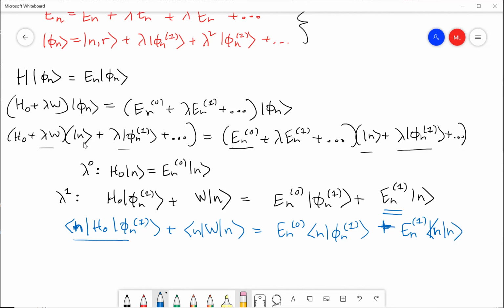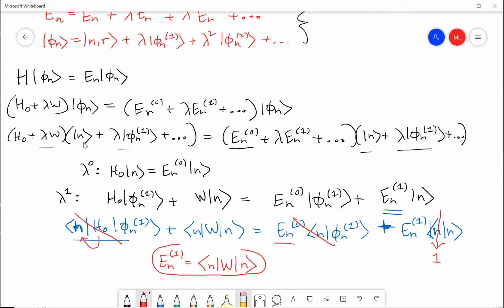What's this? Well, this H_0 can act on the left, and that'll pull out another factor of this guy. So actually this cancels that, and this just becomes 1. And so what you find is that the first order correction to the energy is just given by the matrix elements of W, the expectation values of those with respect to the unperturbed eigenstates.